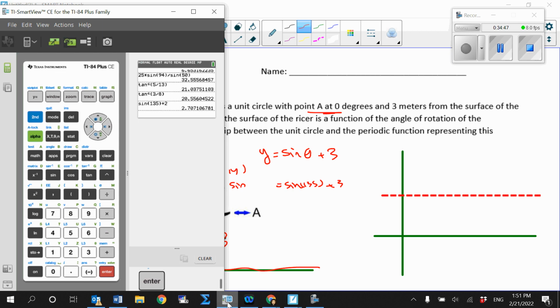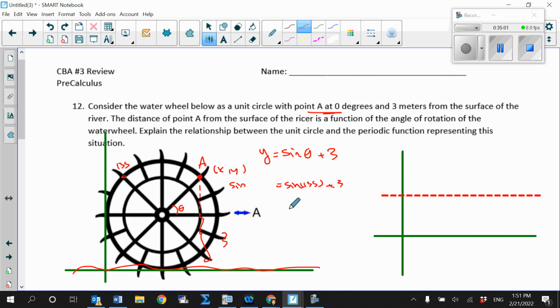I can use my calculator. Sine of 135 plus 3 this time will be 3.70. That's the height.